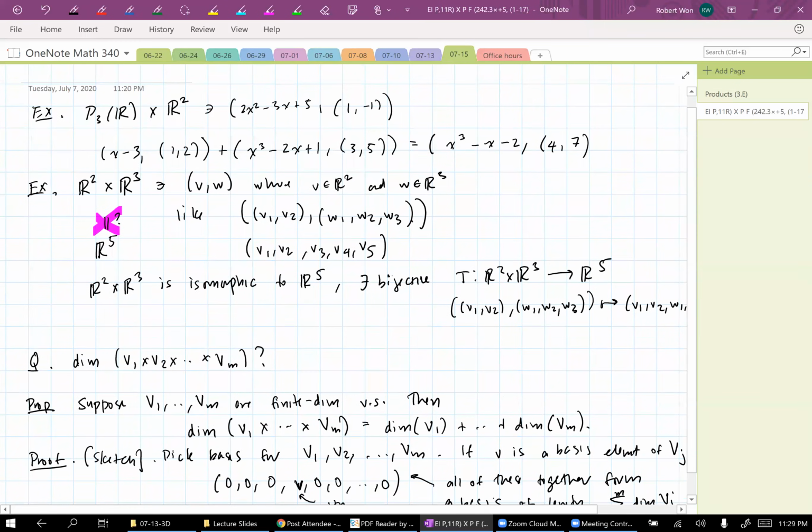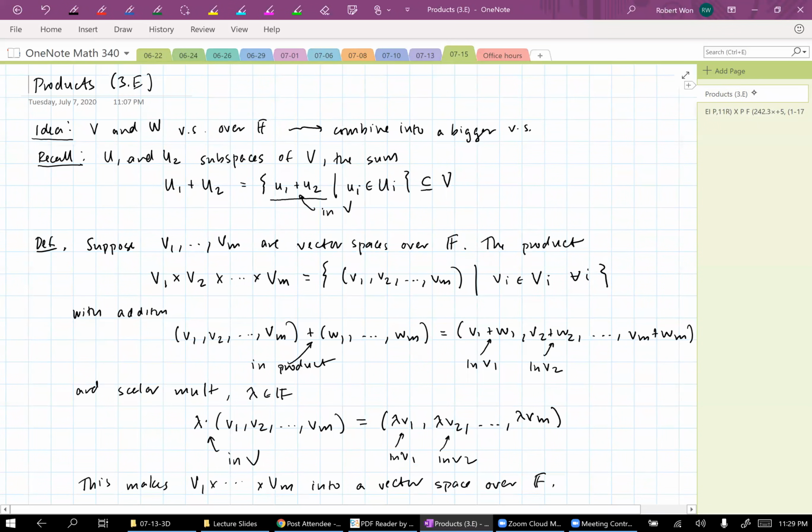Okay, so what we've discussed so far is that you can take the product to build a bigger vector space out of any vector spaces you want in a very natural way. It's a vector space, and the dimension of the product is the sum of the dimensions of the individual components.